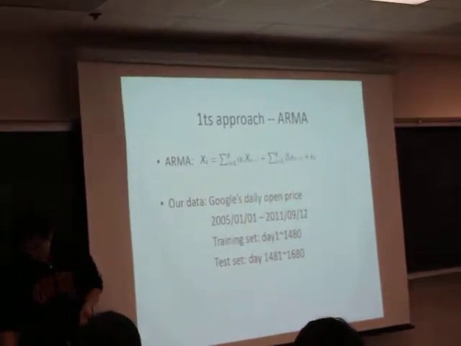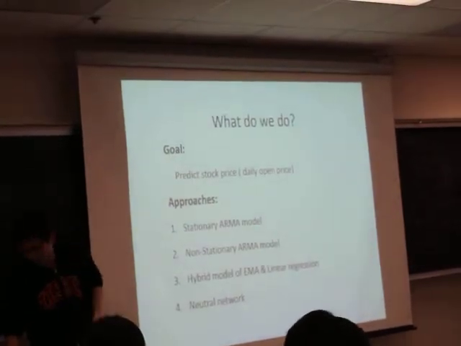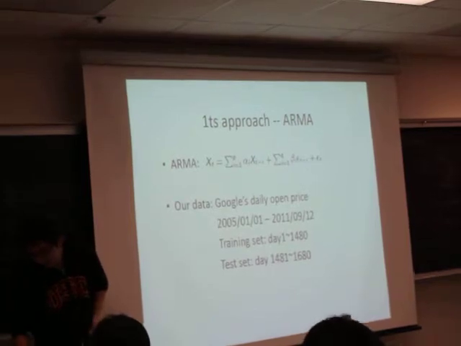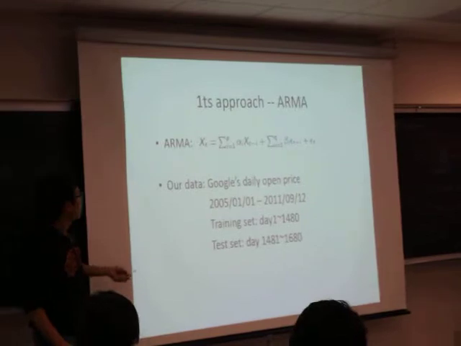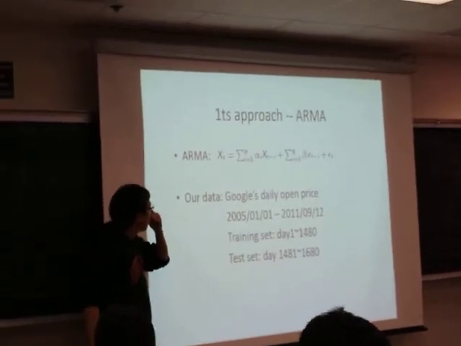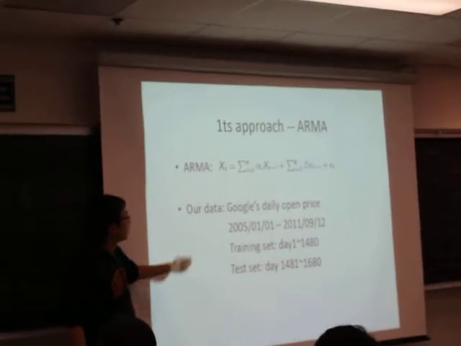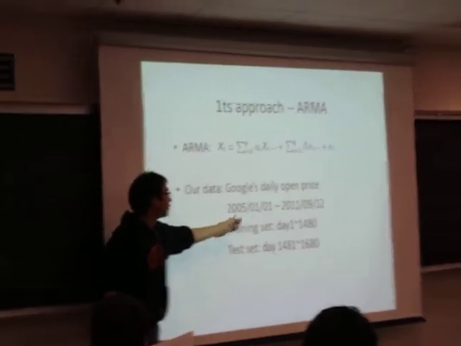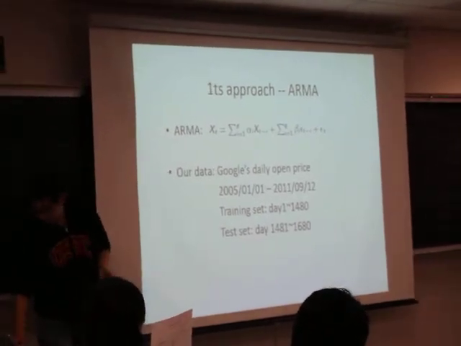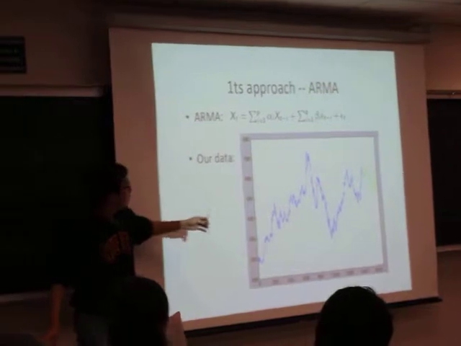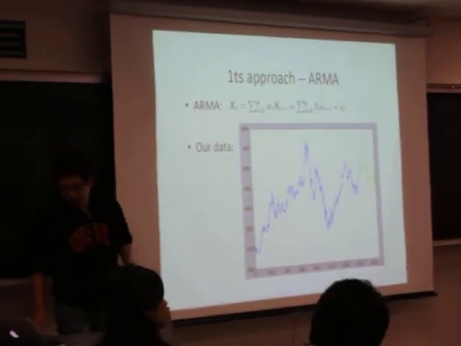For the first one, the ARMA model, our data is Google's daily open price. It's just one time series from 2005 to 2011, and we split the data into a training set and a test set.